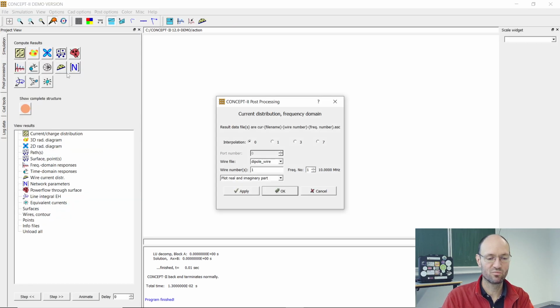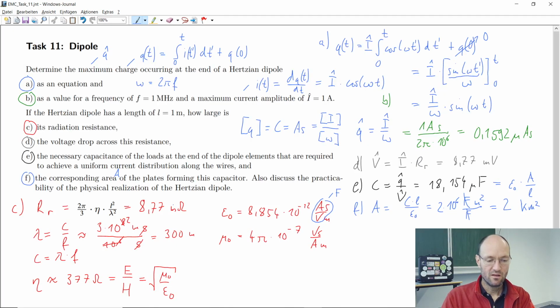If I go back to this post-processing, do the same thing once again, what would you expect? Before we had 300 meters of wavelength, now I have 10 times the frequency. So what happens to the wavelength? It decreases by a factor of 10. So instead of 300 meters that we calculated here, now we have 30 meters.